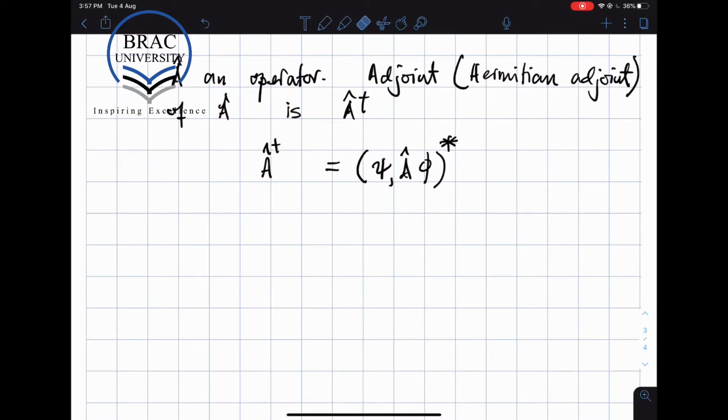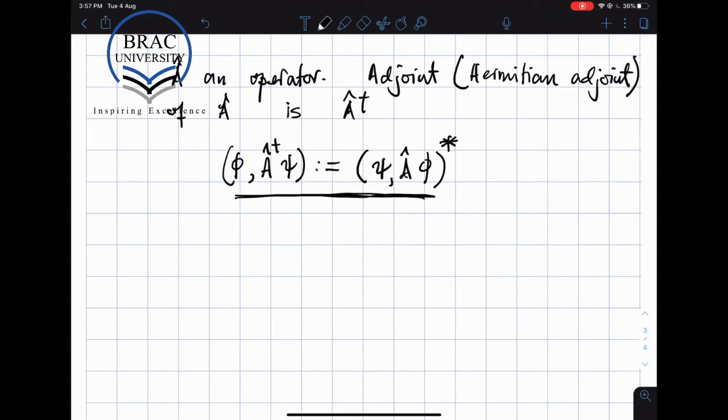If that acting on psi with taking the inner product with phi satisfies this relationship, then we call A dagger the adjoint of A. So this is the adjoint of A. This is the definition.